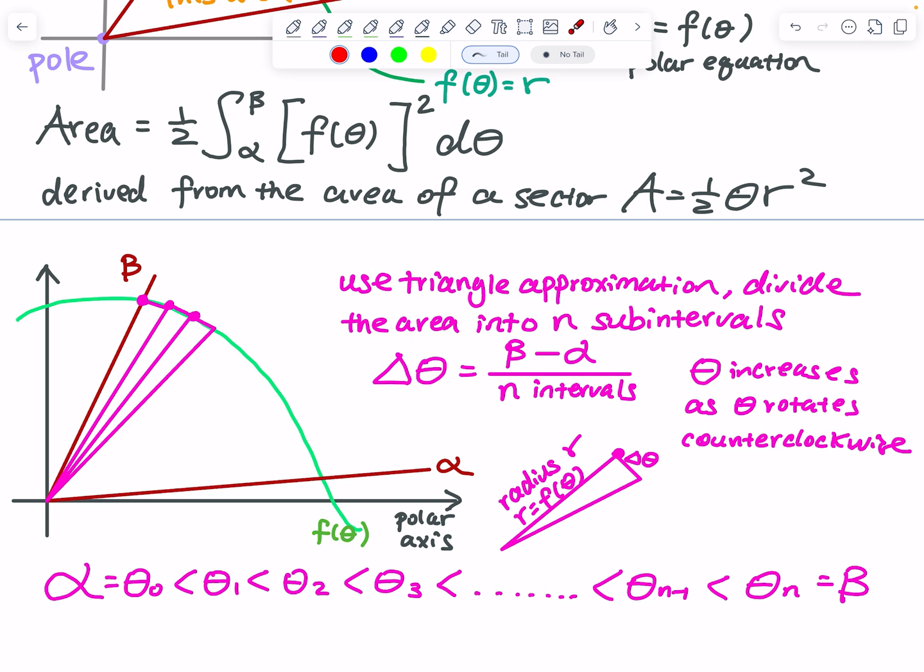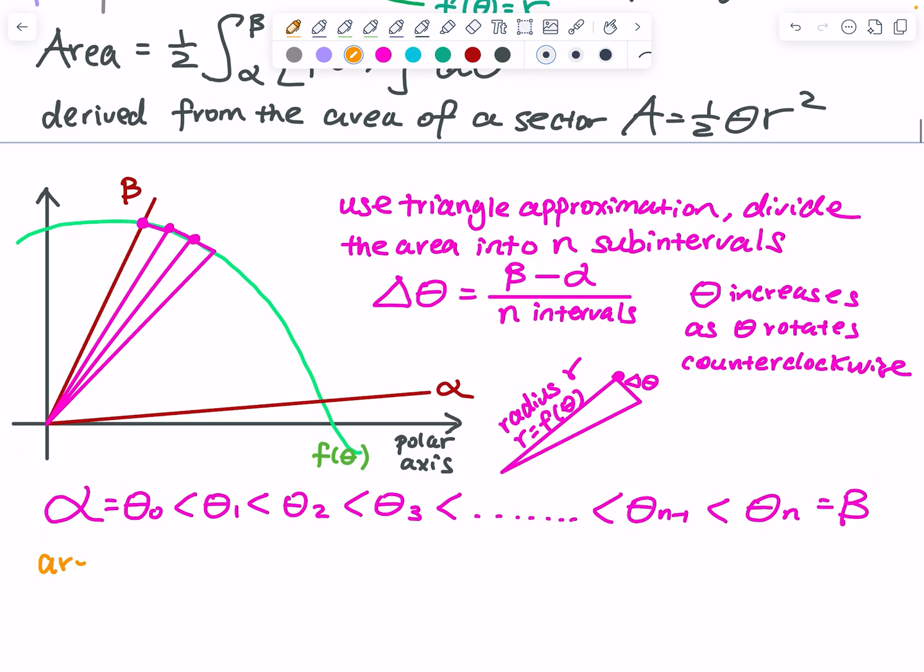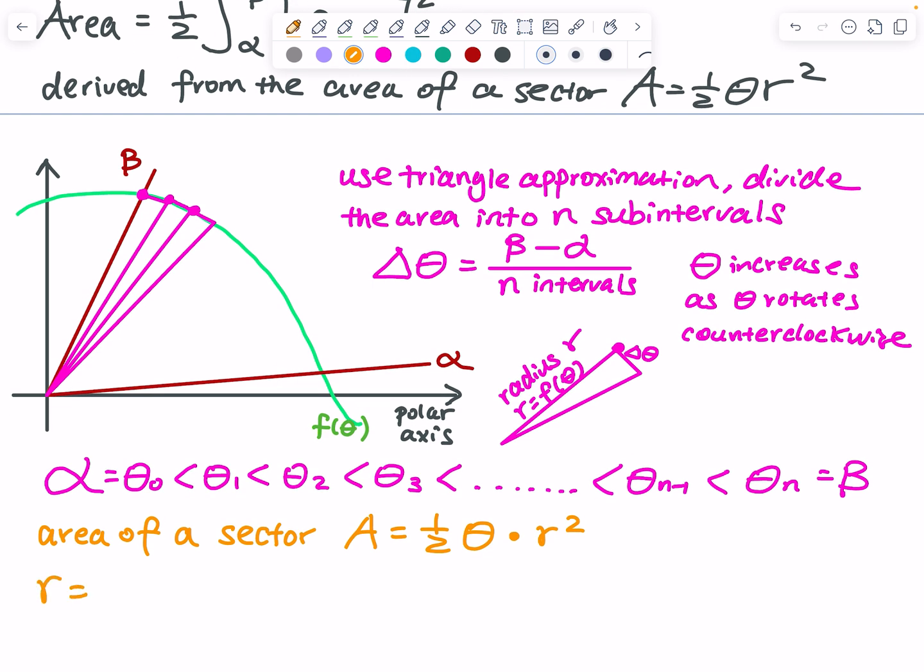How is that related to the integral written on the previous page? Let me state that formula again. Area of a sector: A equals 1/2 theta multiplied by r squared, and r equals f of theta.